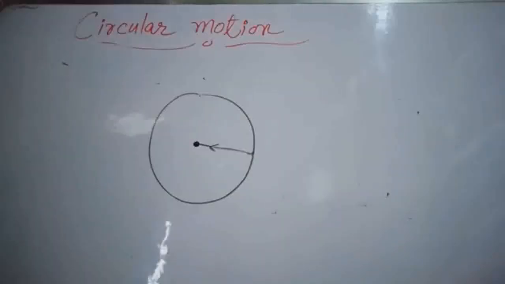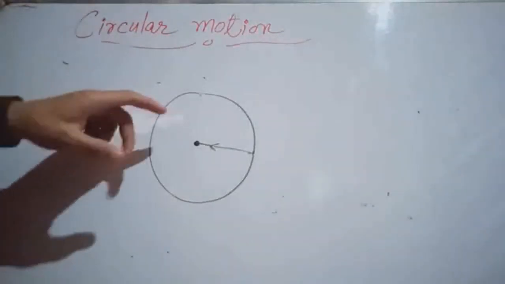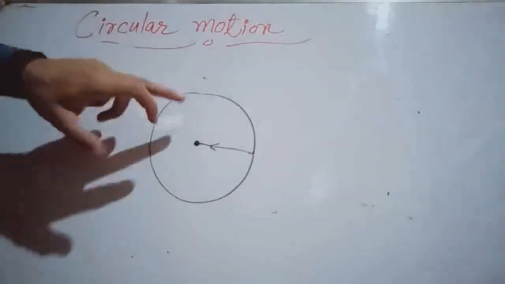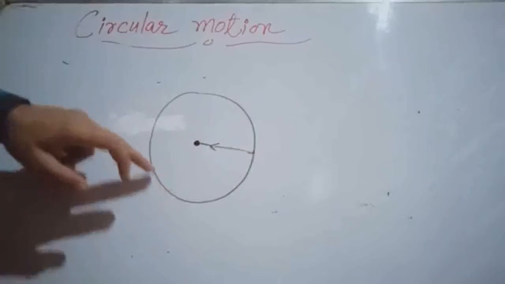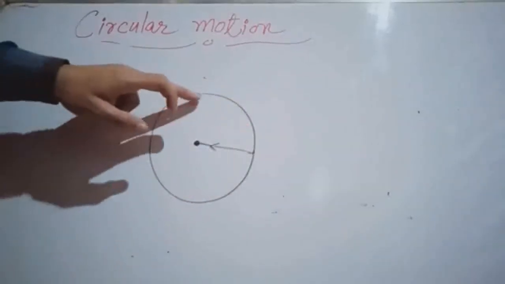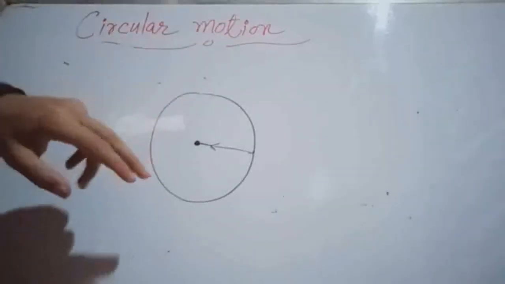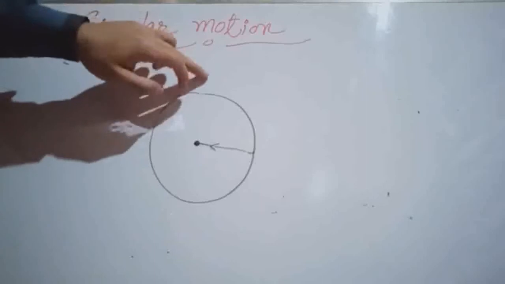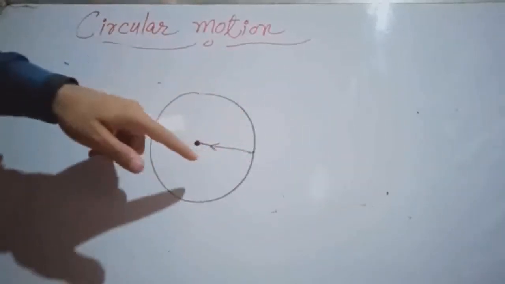If the velocity gets greater, that velocity will be called escape velocity. That means if the object does not remain in the circular path and moves away from this circular path, that velocity will be called escape velocity, because at that velocity the body will not remain in its circular path.